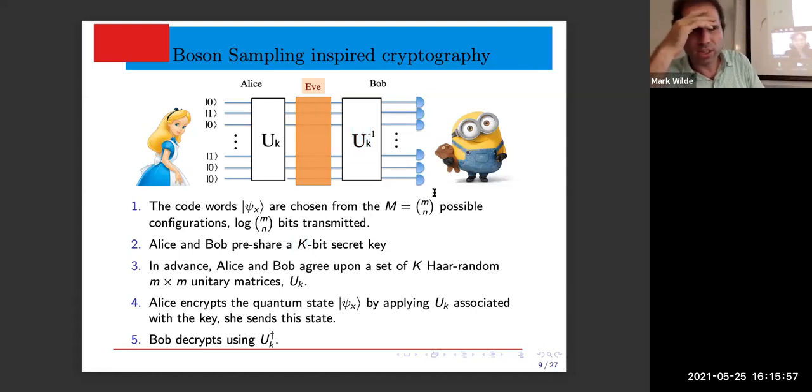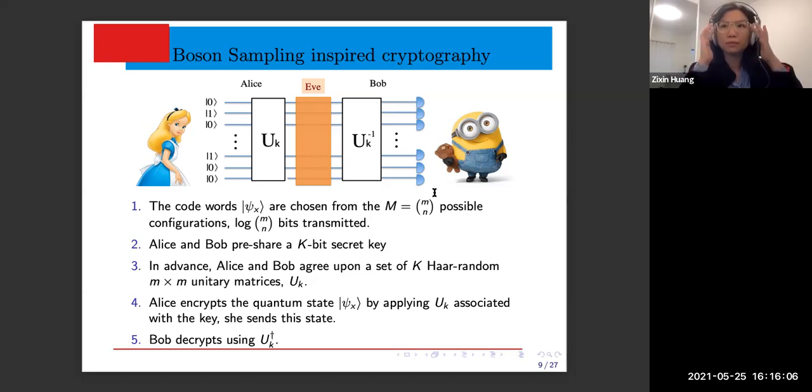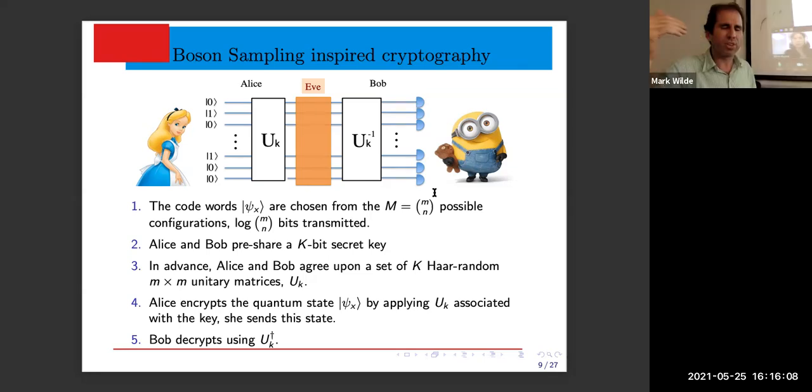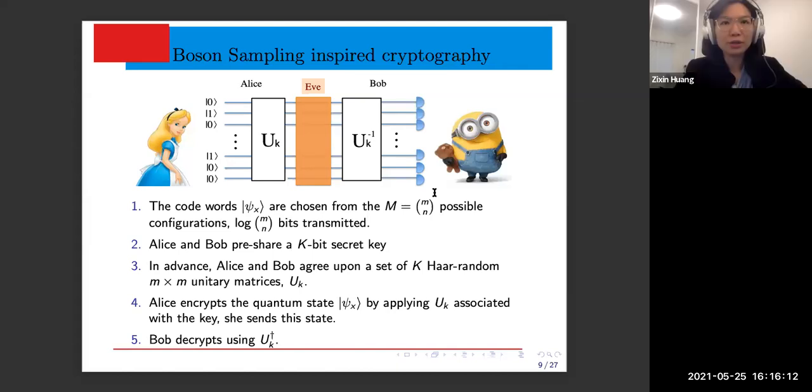The other question is, these unitaries are unitary operators acting on the mode operators, right? Yes, that's right. They're also unitaries in the Hilbert space, but the way that you're thinking about them is in terms of the mode operators. That's right. It operates on the spatial modes, because it's very difficult to implement a hard unitary on the Hilbert space.